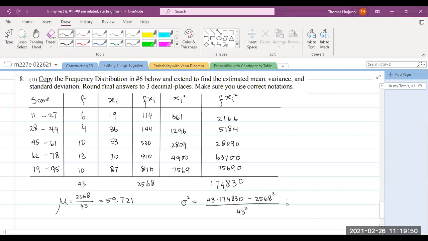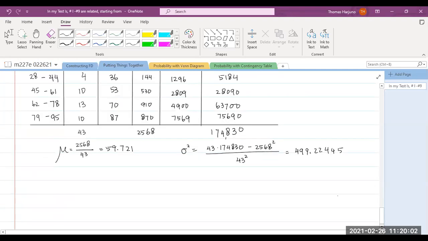And then that gives me 499.22445, whose square root, the population standard deviation, will be 22.343 to 3 decimal places.